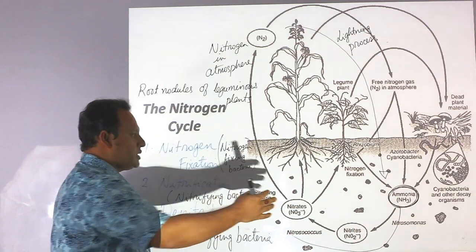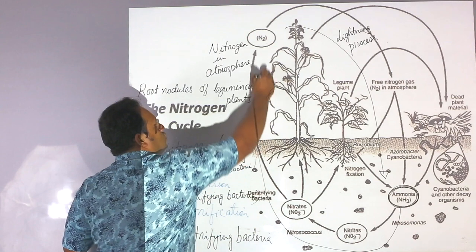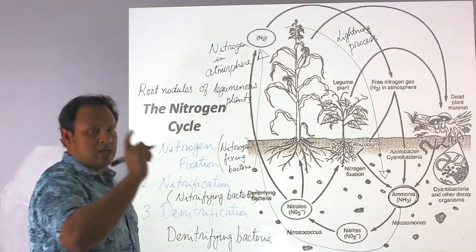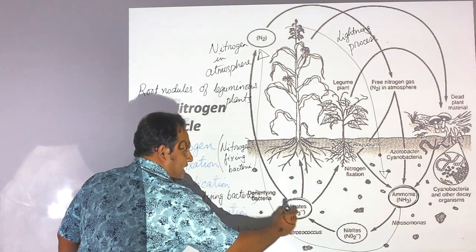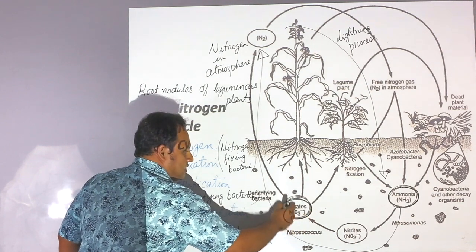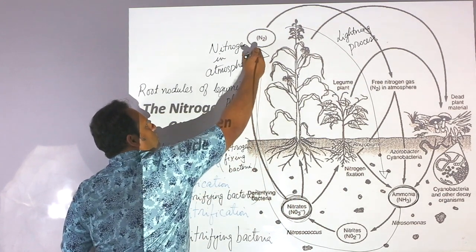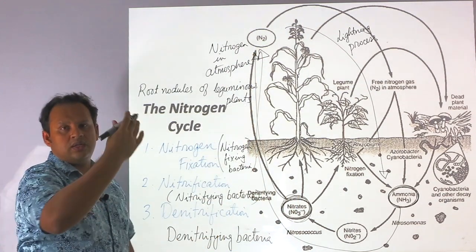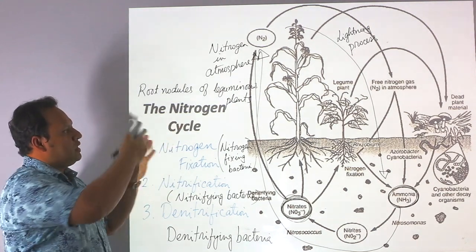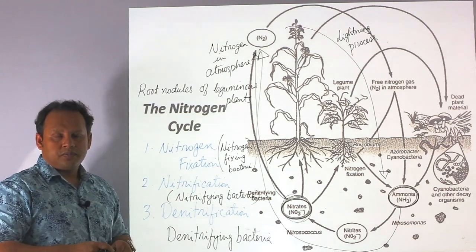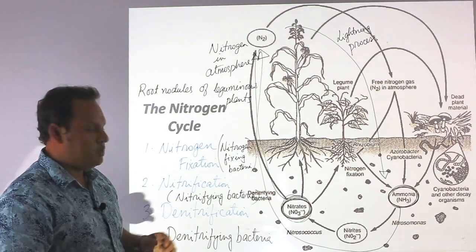There are denitrifying bacteria that convert excessive ammonia into nitrogen gas into the atmosphere, and there are also bacteria that convert nitrates, which are excessive in amount, back into the atmosphere. So that's how the nitrogen is released into the atmosphere, and that's how the process continues, and the balance and the cycle is actually maintained.